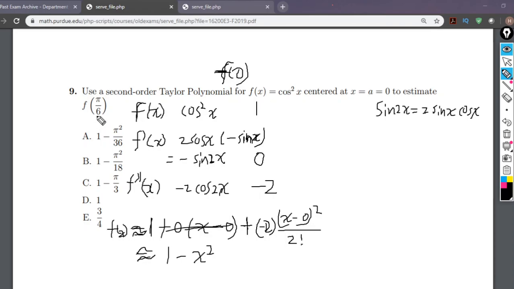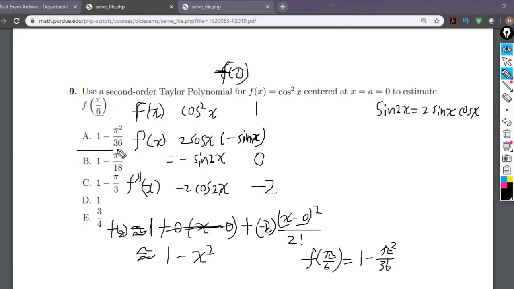And we can plug pi over 6 in for x. Then we have f of pi over 6 equal to 1 minus pi over 6 squared, which should be pi squared over 36.